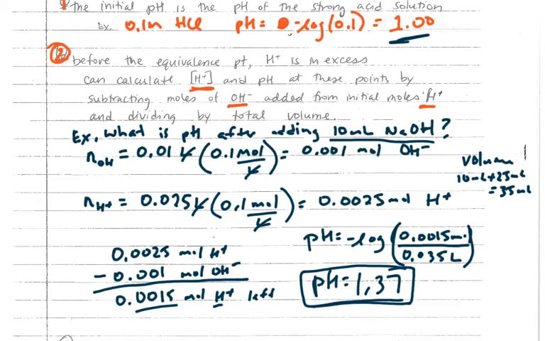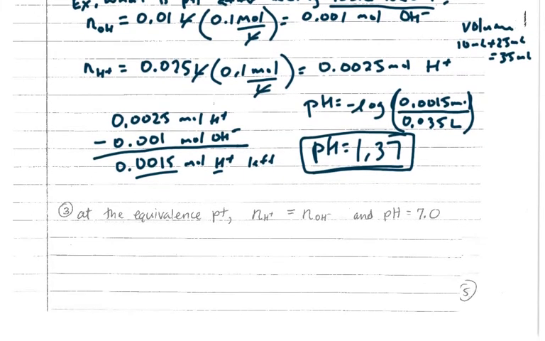All right, so part 3 here, at the equivalence point in the center, that is defined as when the moles of hydrogen equal the moles of hydroxide, and they completely cancel each other out, and so it's completely neutralized, a pH of 7.